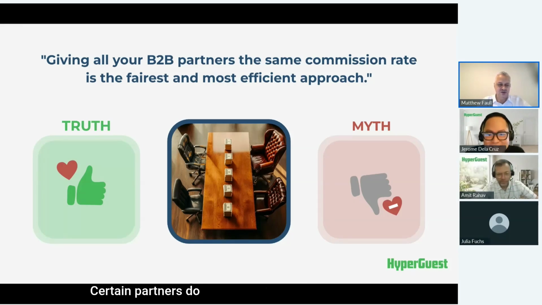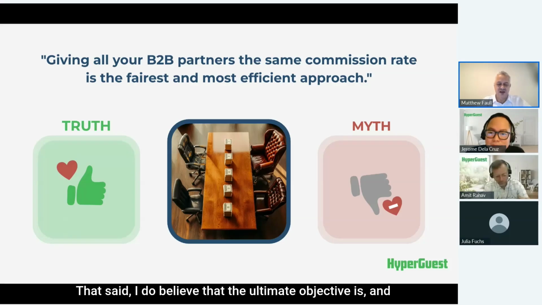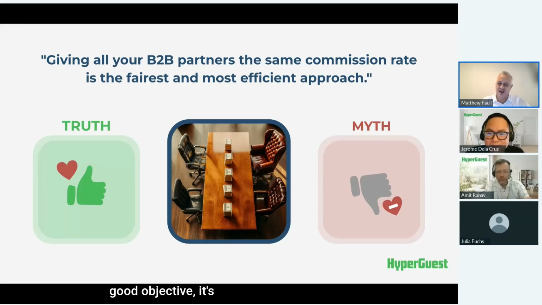Certain partners do have access to more exclusive demand paths and so forth, and sometimes you do have to vary things a little to access that in the right way. That said, I do believe the ultimate objective and best path is giving the same commission to everyone, because everyone is selling to each other these days anyway. Having the same commission is a good objective. It's just not always possible.